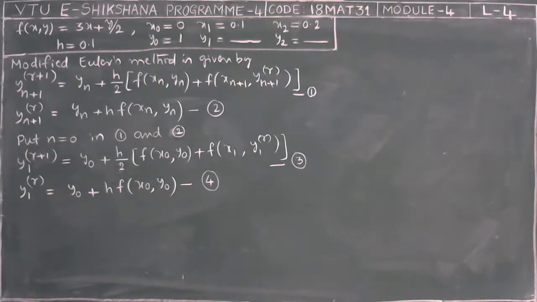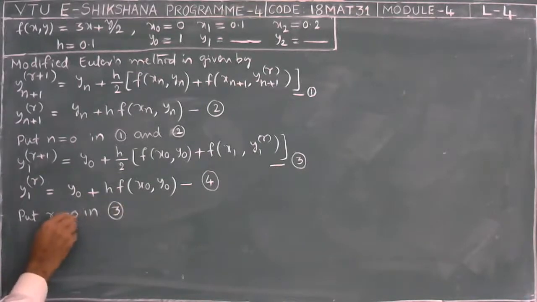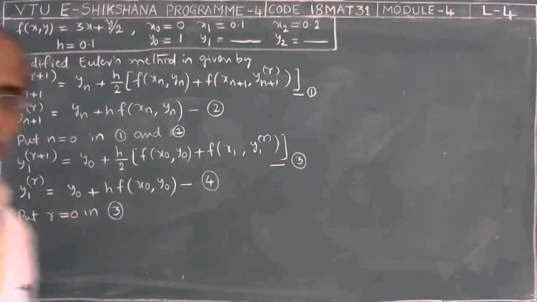Now to get the first iteration, put r is equal to 0 in 3.